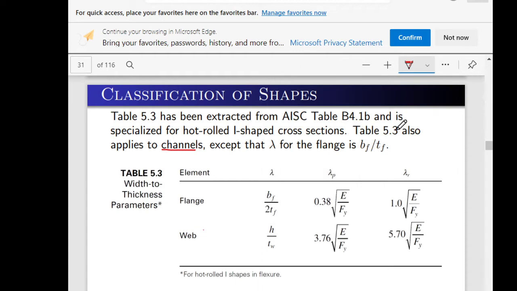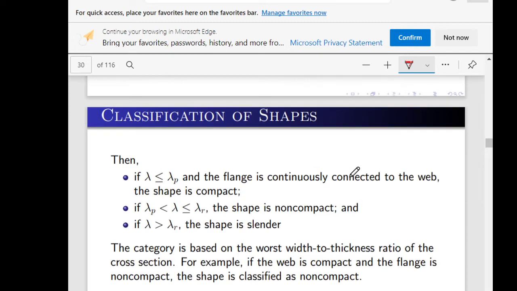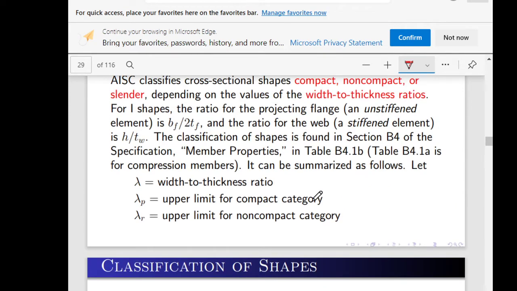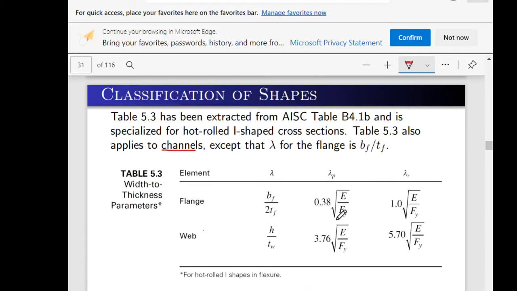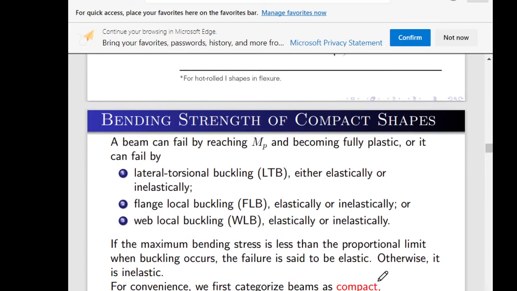But for I sections, your width to thickness ratio is bf over 2tf. We have these limiting relations for the flange and for the web. So this is the width to thickness ratio. Then you have to compare this with lambda sub p and lambda sub r.